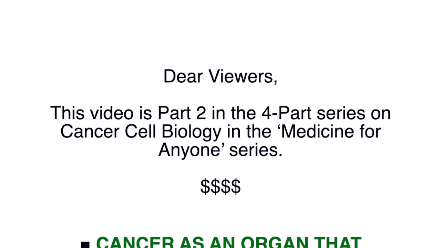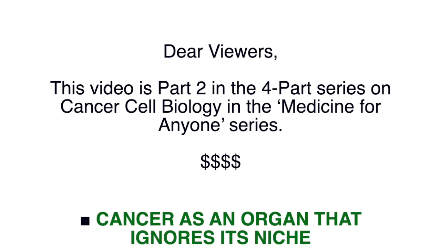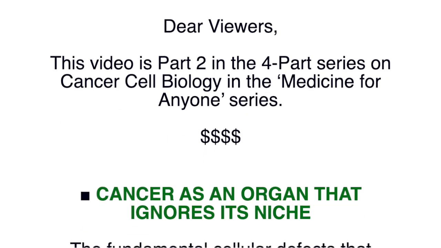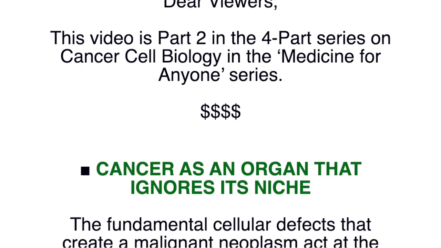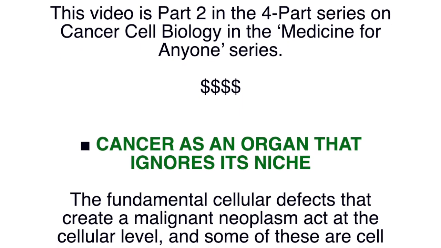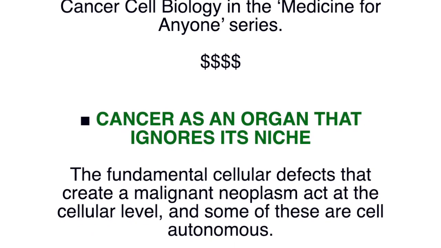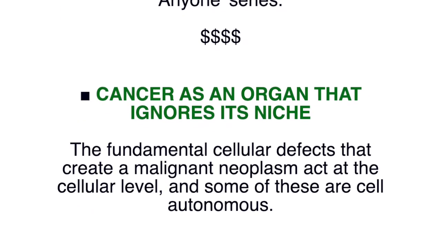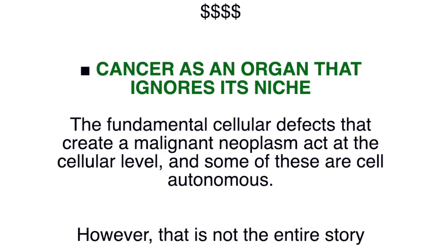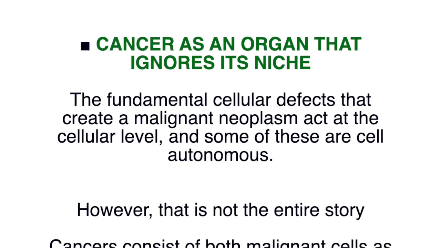Cancer as an organ that ignores its niche. The fundamental cellular defects that create a malignant neoplasm act at the cellular level, and some of these are cell autonomous. However, that is not the entire story.